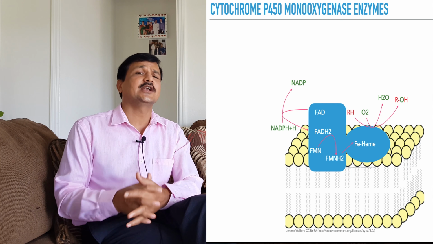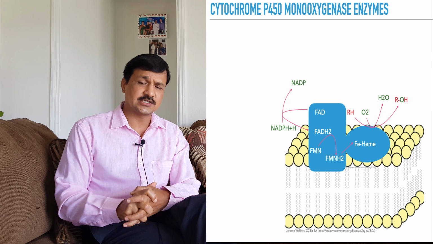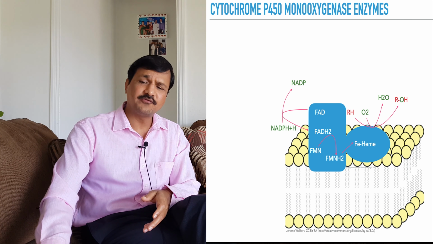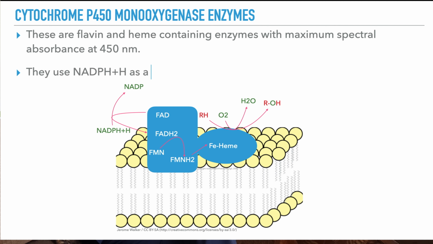So, let us look at cytochrome P450 monooxygenase system enzymes. These enzymes are flavin containing, heme containing molecules. They contain flavin, which is a derivative of riboflavin, and they contain heme with a ferrous iron, which has a maximal spectral absorbance at 450 nanometer.